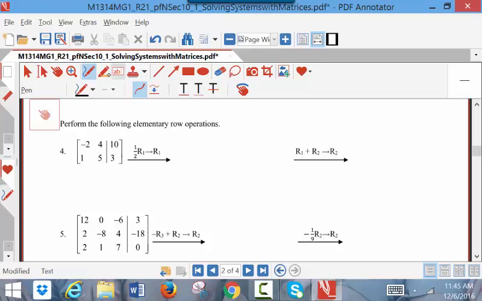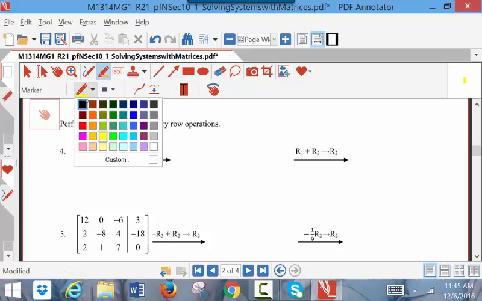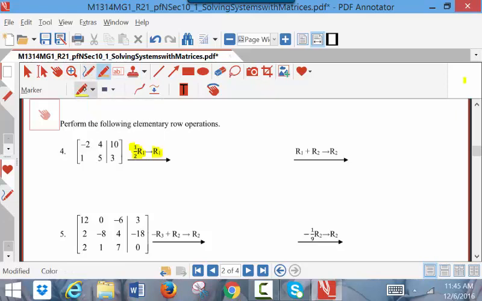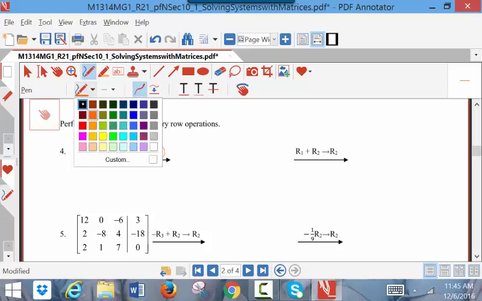This example says, take 1/2 times row 1's elements, and after you do that, put the results back into row 1. So again, we're going to be changing row 1. Row 1 is what's ultimately changing.